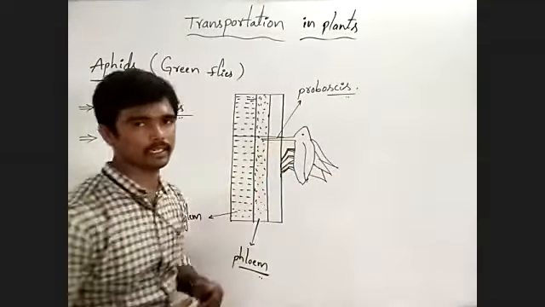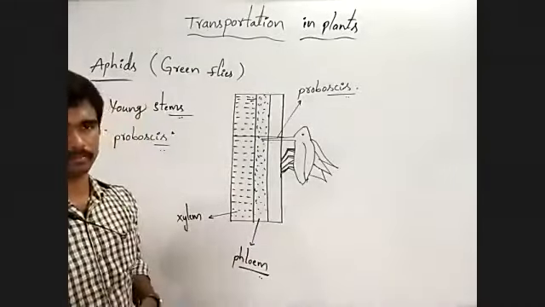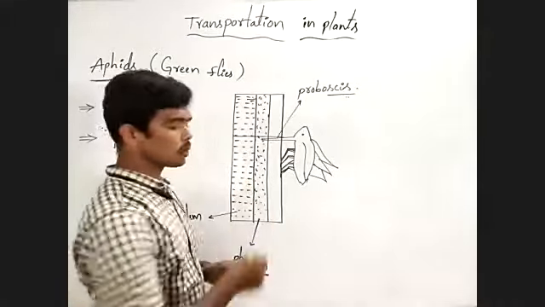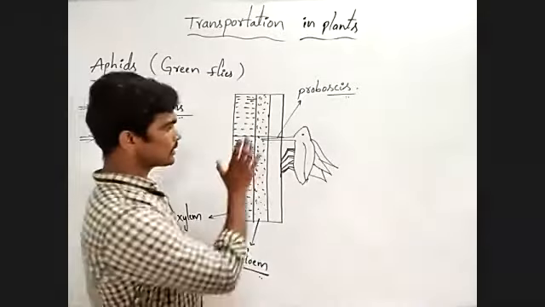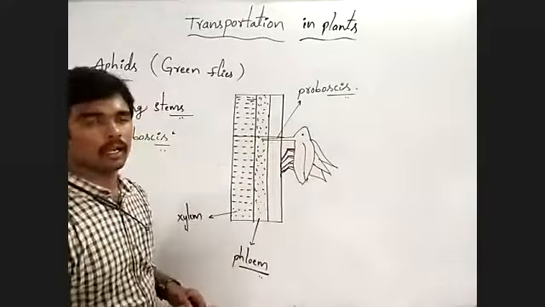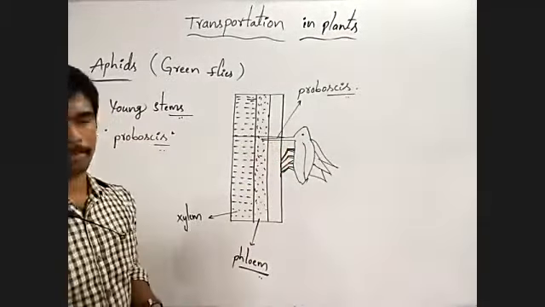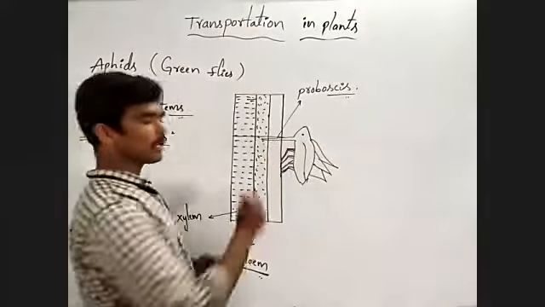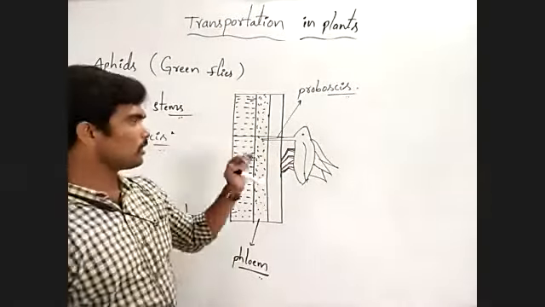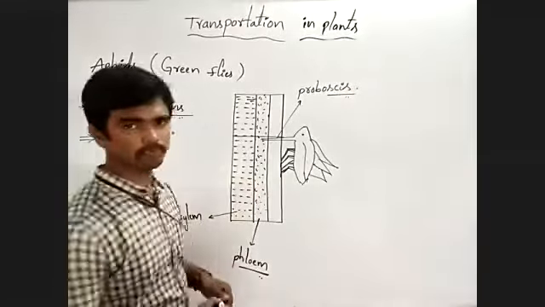Then they observed that the proboscis was inserted up to the phloem, not up to the xylem.